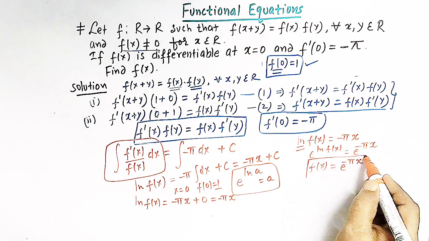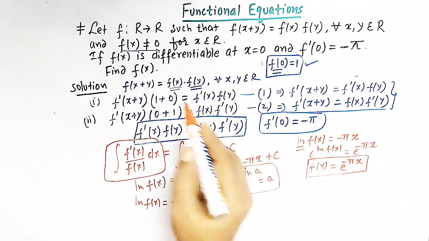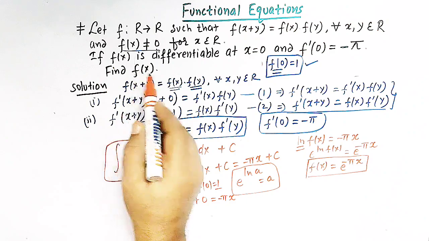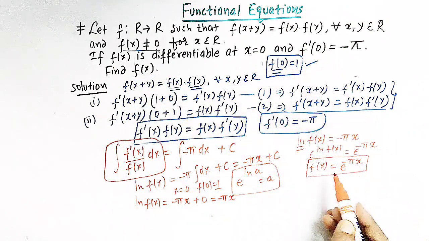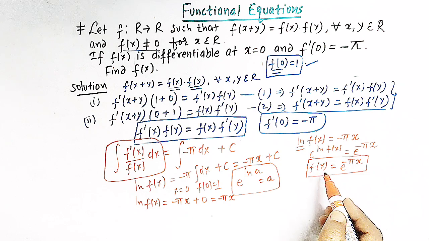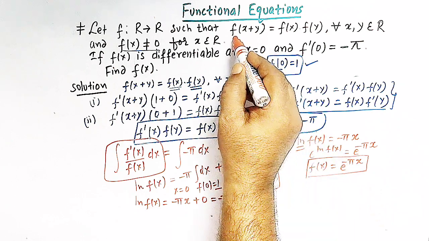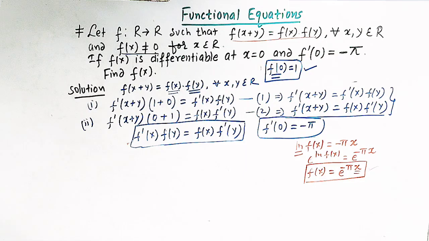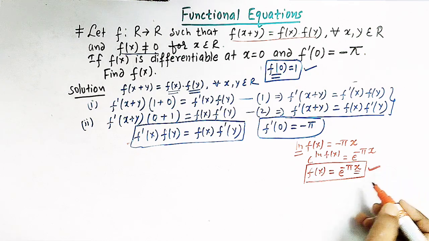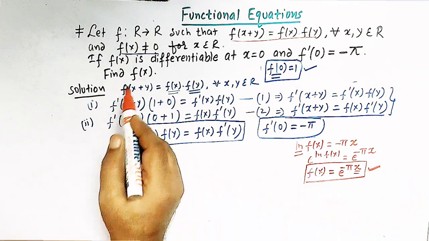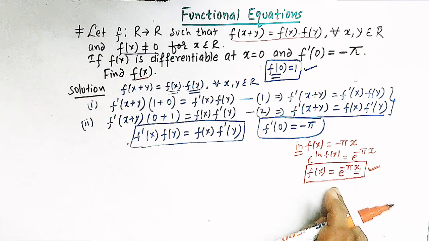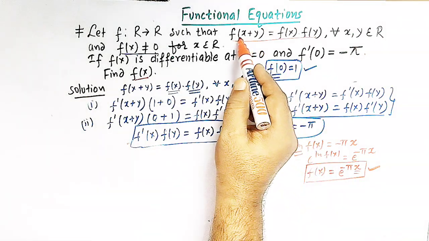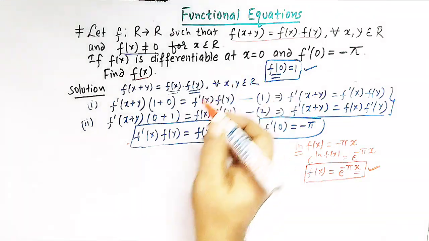So this is the required form of the function f of x, where we have these conditions, and this function f of x satisfies this functional equation. So now this is our required function f of x, right? Now let us see how this function f of x satisfies this functional equation.